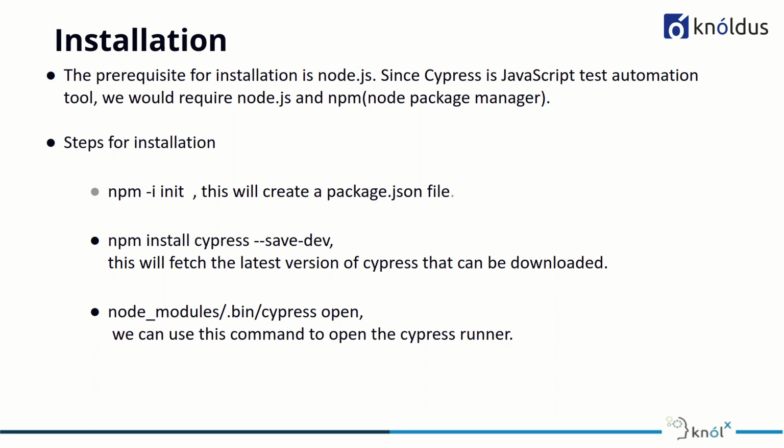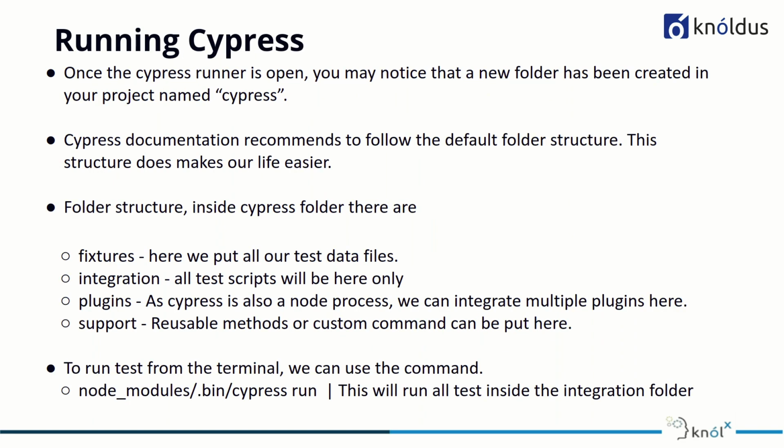It is where you declare all the dependencies that you are going to use in the project. Then we have npm install cypress --save-dev. This command will fetch the latest version of Cypress present on npm, and if you specify a certain version number, that version can be downloaded as well. And the last one is to open the test runner. This was pretty simple.